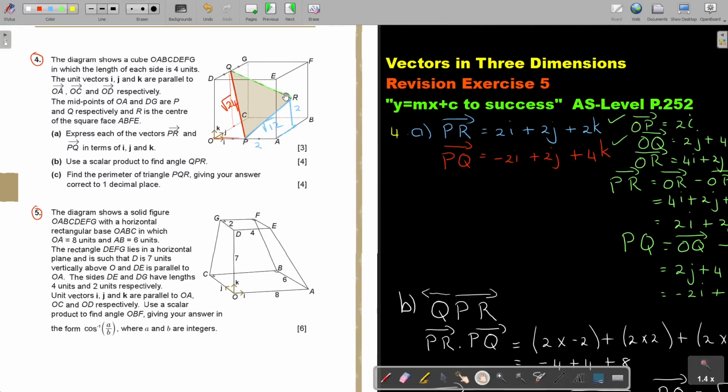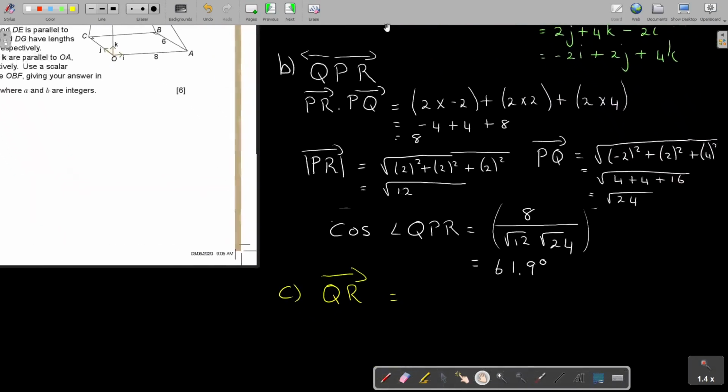If you want QR, this is the short way. It's QP plus PR. That's how I found QR. QP plus PR. So let's just write it.